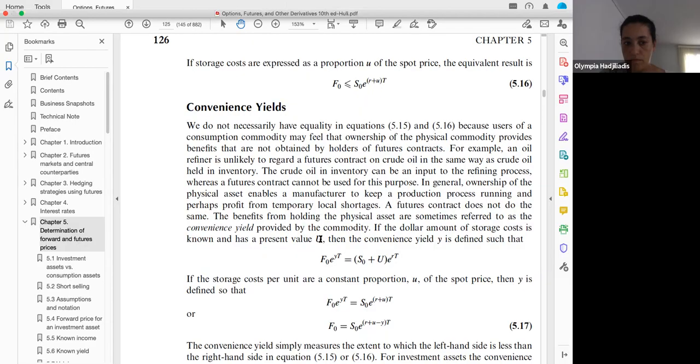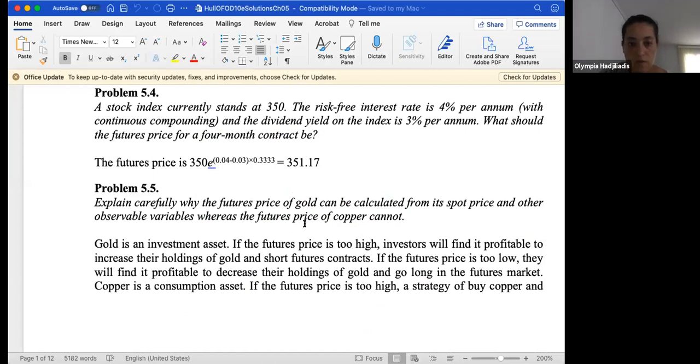So let's go back to chapter 5. That would be the case for copper.